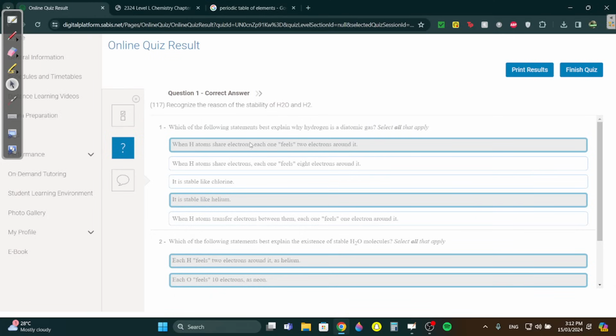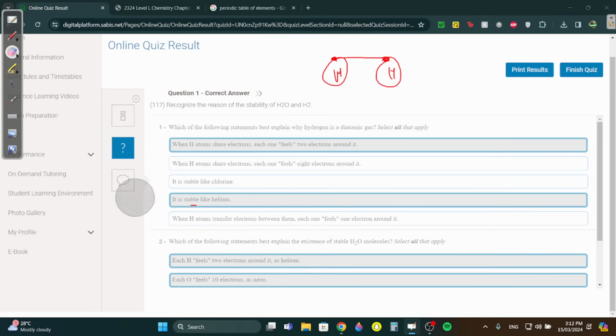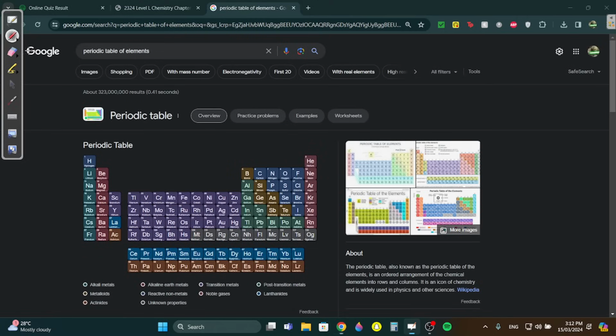When H atoms share electrons, each one feels like it has 2 electrons around it. Why? Because H has 1 electron, another H has another 1 electron, and through the bond now it has 2. It's stable like helium. If you put stable like argon, you'll get it wrong. It has to be like helium, because helium is the neighboring noble gas. So it has 1, gains another 1 from the other hydrogen, becomes 2, like helium over here.